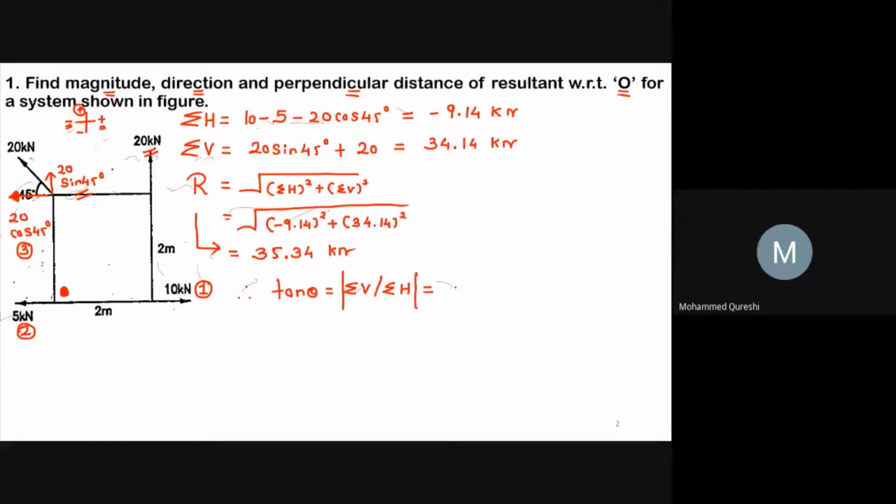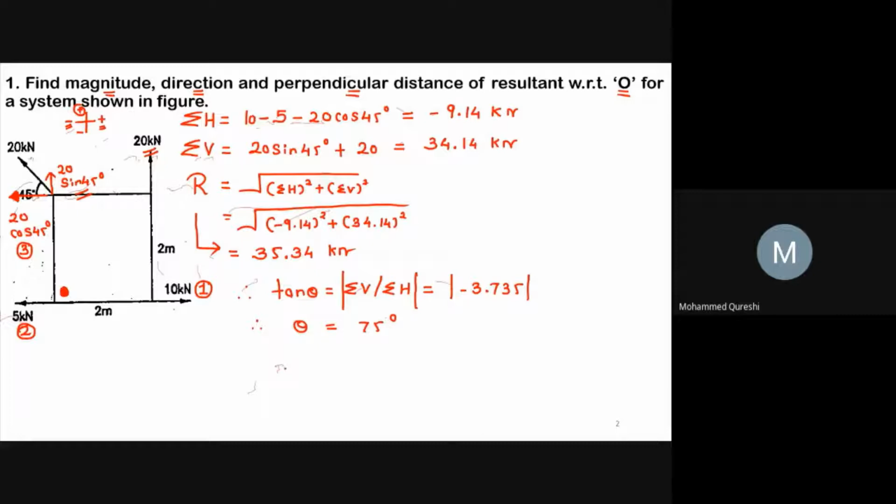So here we will get the value of tan theta as minus 3.735. Therefore, theta will be equal to 75 degrees.